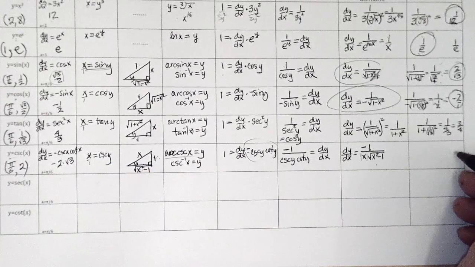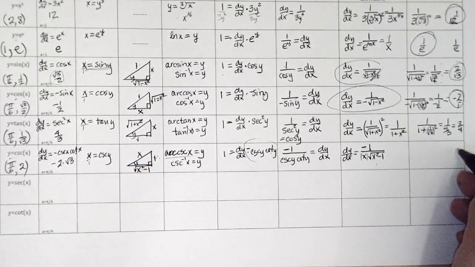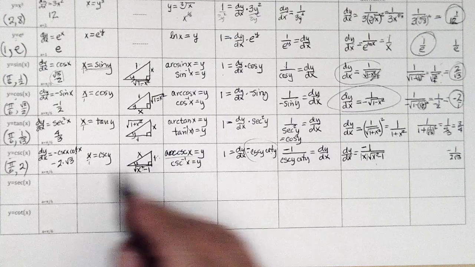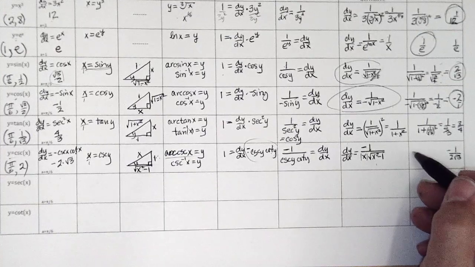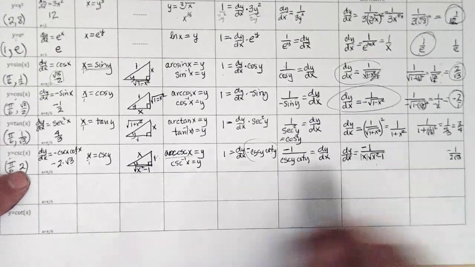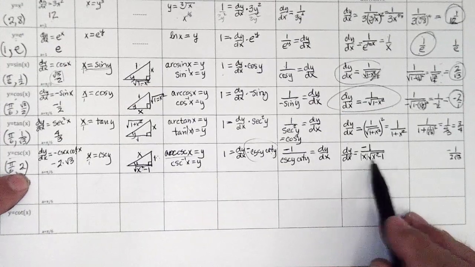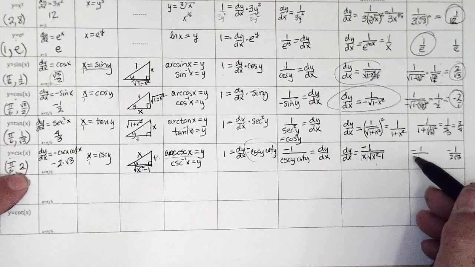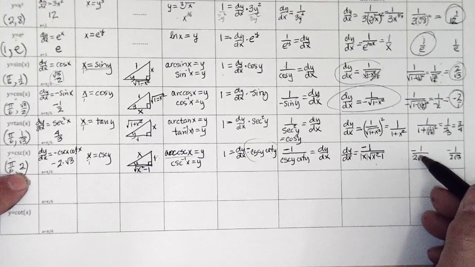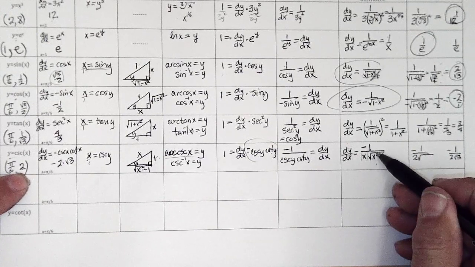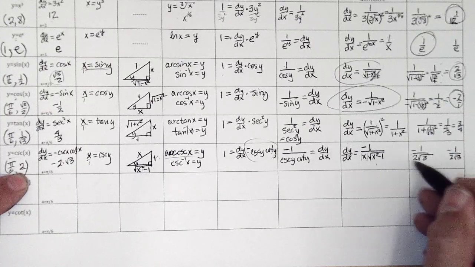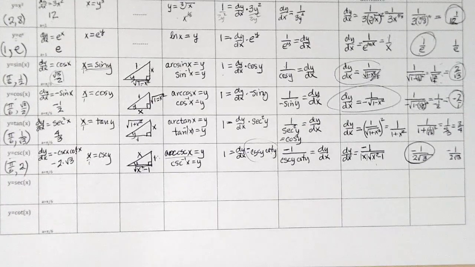So here we're hoping to get 1 over negative 2 square root of 3, the reciprocal of this. So we put in 2 for that. So we get minus 1 over the absolute value of 2 times the square root of 2 squared, which is 4, minus 1, 3. Matches.